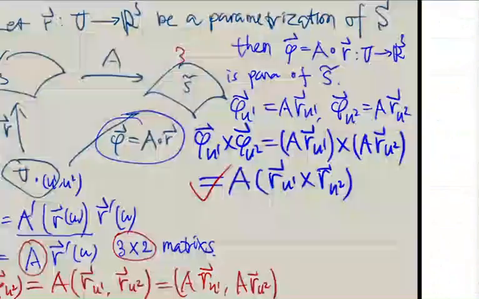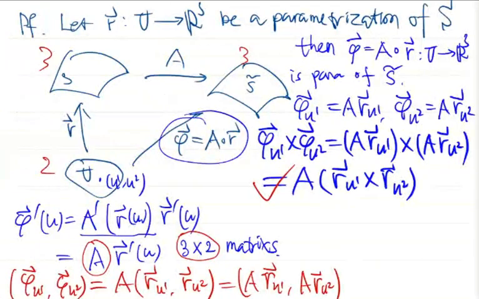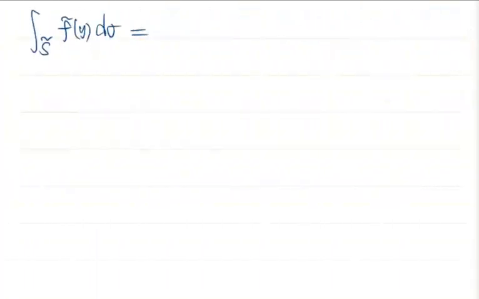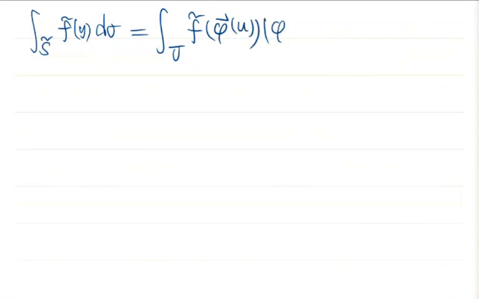Let's go to the next page. So the integral over S theta of our function, by definition, because S theta has a parametrization phi, is f theta of phi of u, times the norm of phi u1 cross phi u2, du.